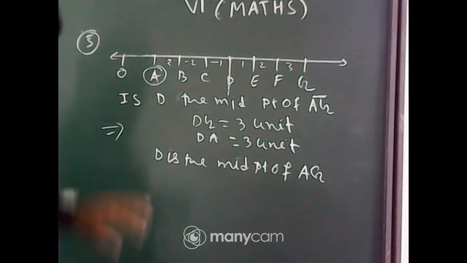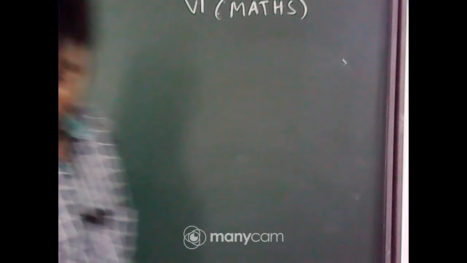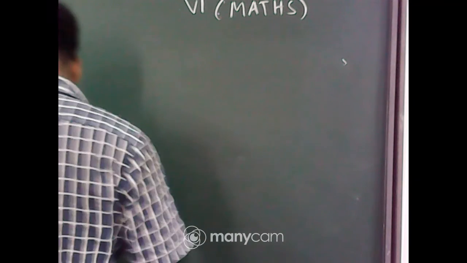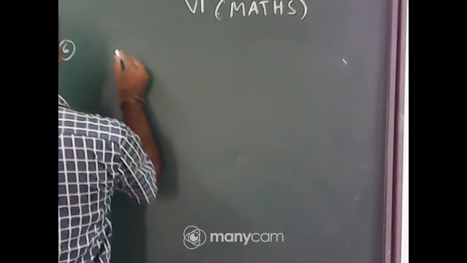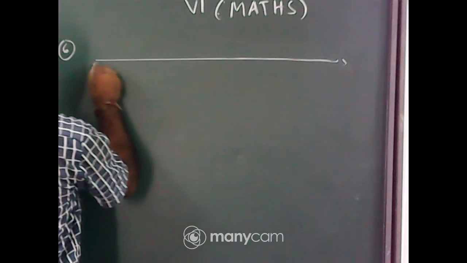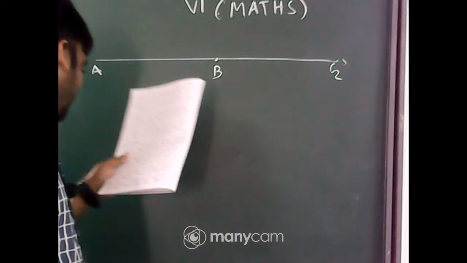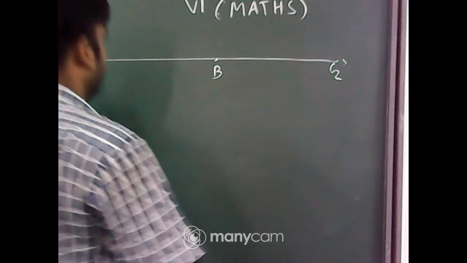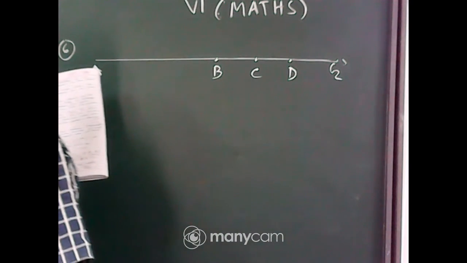Next question, that is question number 6. If B is the midpoint of AG and C is the midpoint of BD, where A, B, C, D are on a straight line, say AB equal to CD.